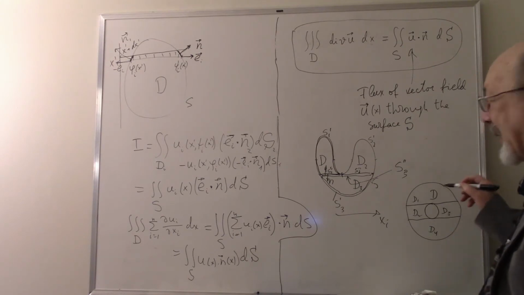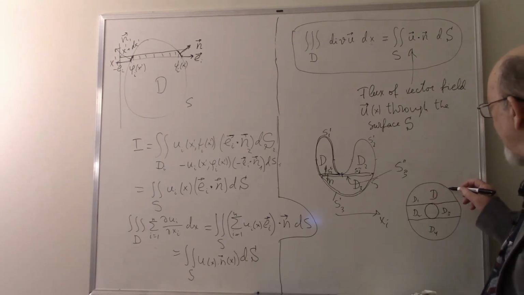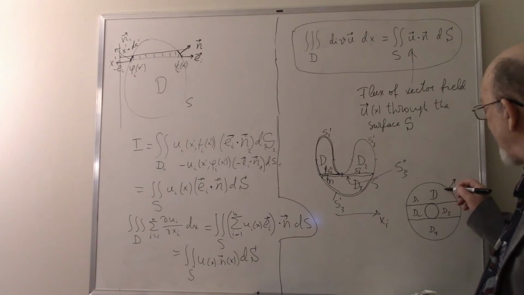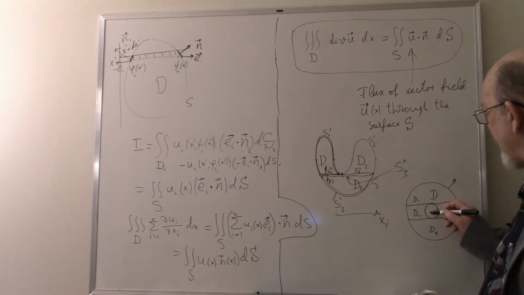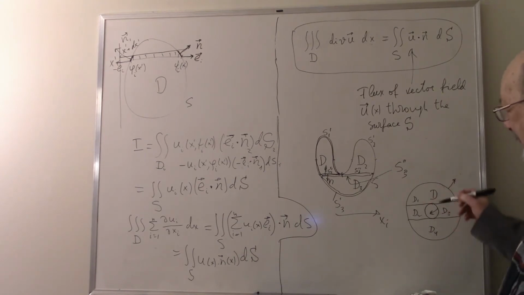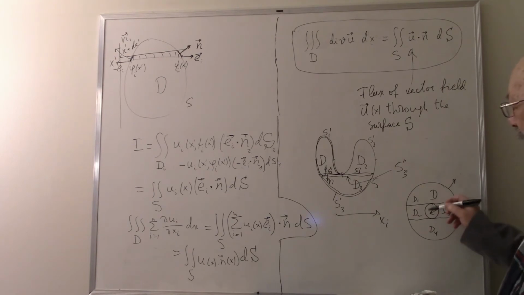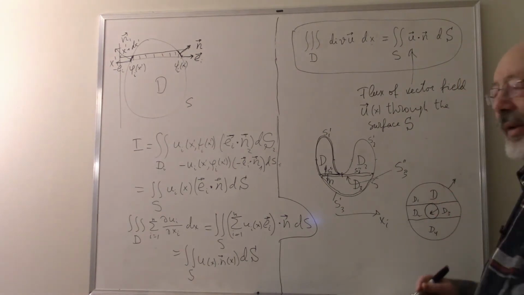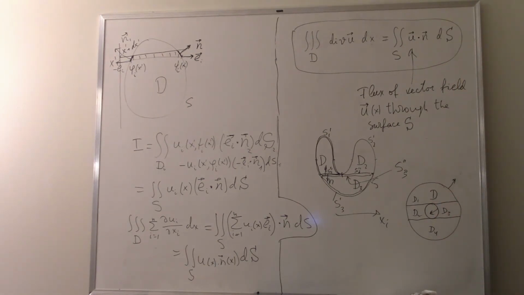But here is one delicate thing: the external unit normal looks in this direction, and here it looks in this direction. So it is outside of domain D, but it goes inside this hole. But this hole is external to domain D, so it is a small delicate thing. So for this domain this theorem also holds.